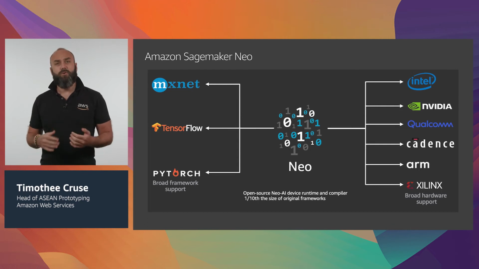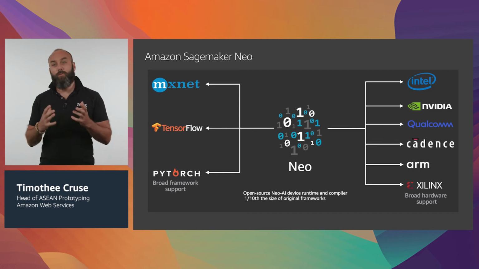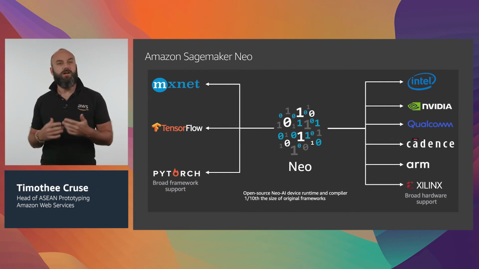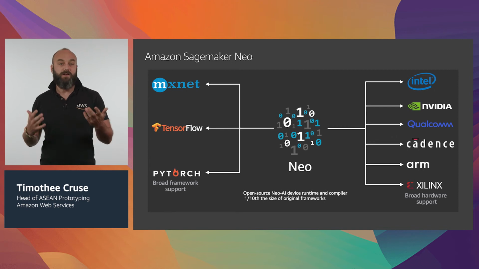In order to optimize your SageMaker trained model for your hardware, we've developed the SageMaker Neo runtime. SageMaker Neo takes your MXNet, TensorFlow, or PyTorch trained models and re-optimizes them for speed and size in order to match your dedicated hardware, supporting Intel, NVIDIA, Qualcomm, Cadence, ARM, and Xilinx optimizations. This is very powerful because when dealing with the edge, first of all, deploying a very complicated model implies deploying a large model memory-wise.